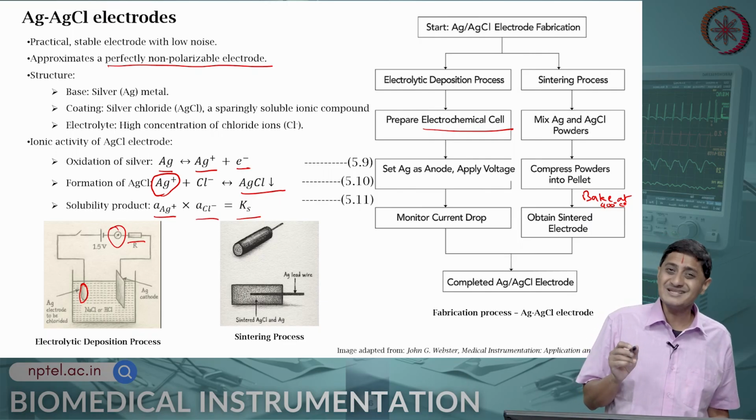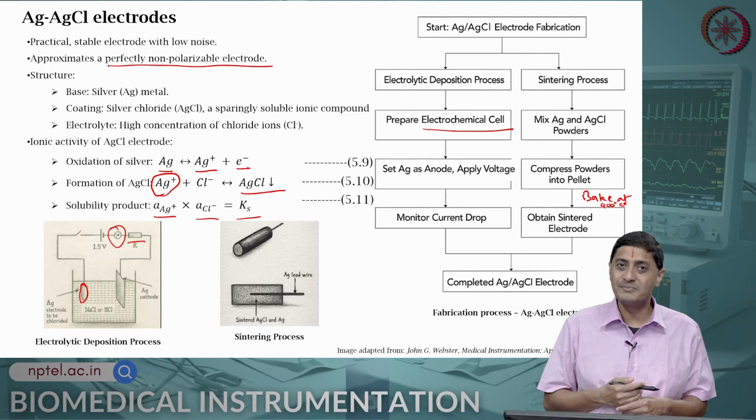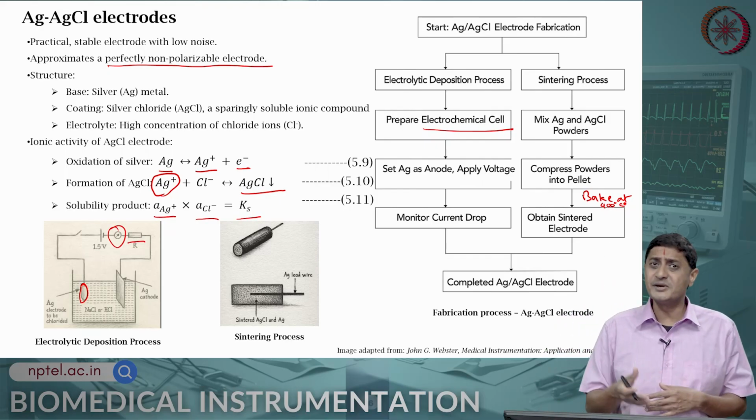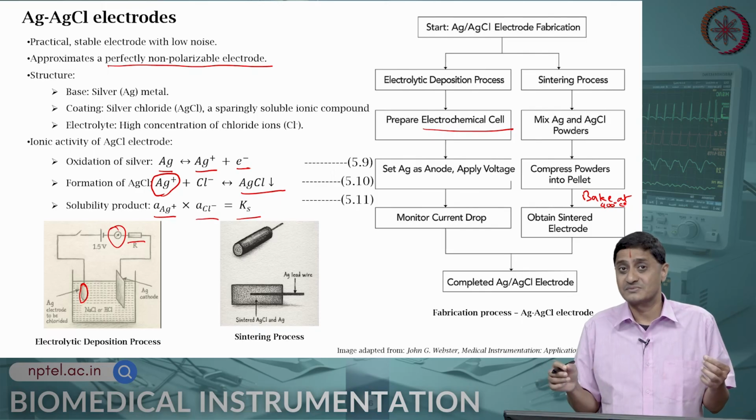So, there should be just enough chloride ions that the impedance is not very high, but not too much. If you have too much silver chloride, impedance becomes very high. If you have too much silver, then there is short circuit.